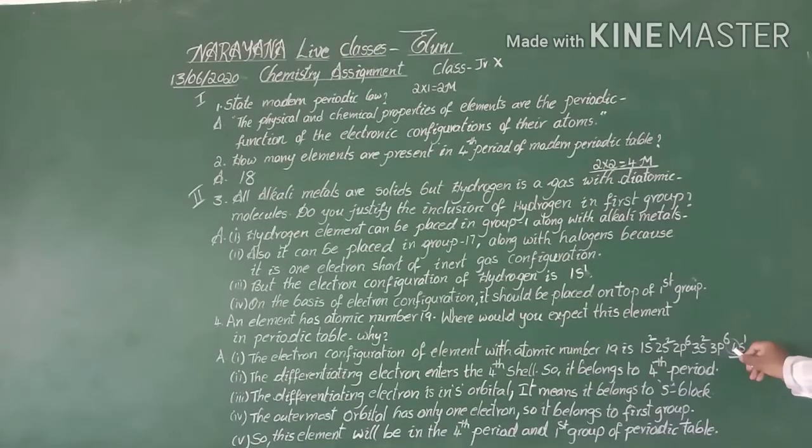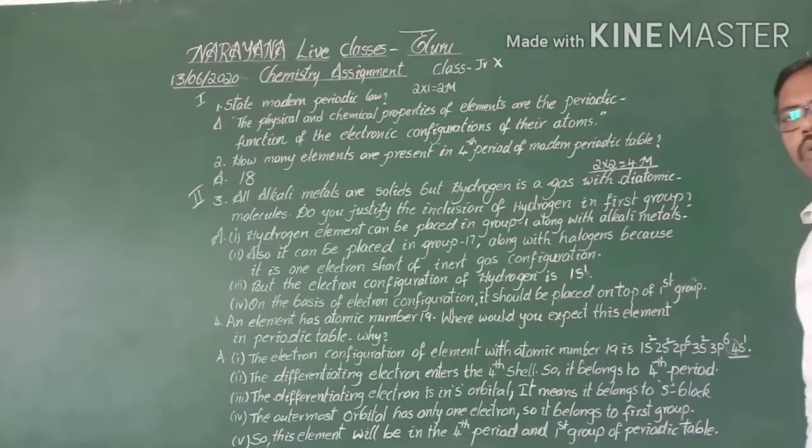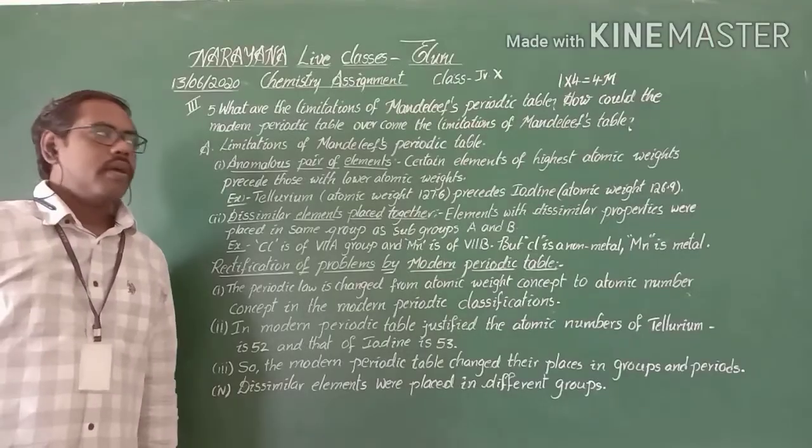So here 4 is present, that's why this element belongs to the fourth period, and the electron present in the s orbital means it belongs to the s block, and here the number of electrons is only 1, that's why this is a first group element. That's why the atomic number 19 element potassium is placed in the periodic table in the fourth period, group 1.